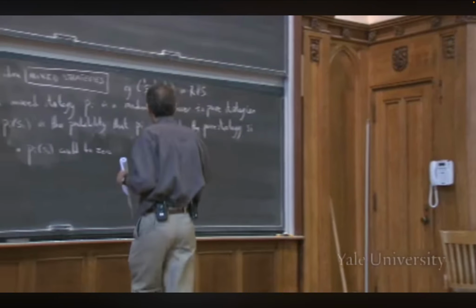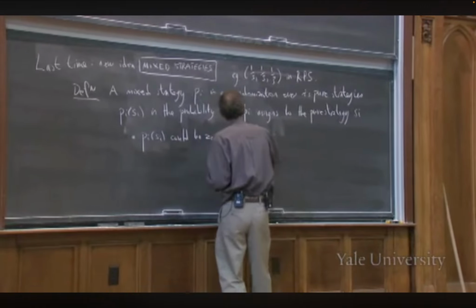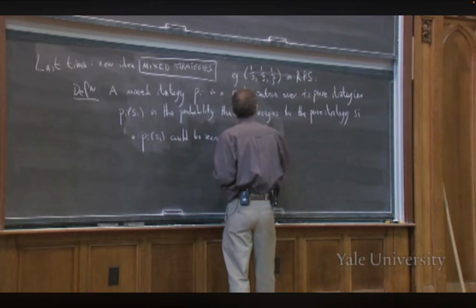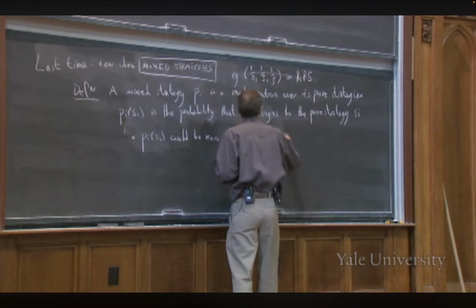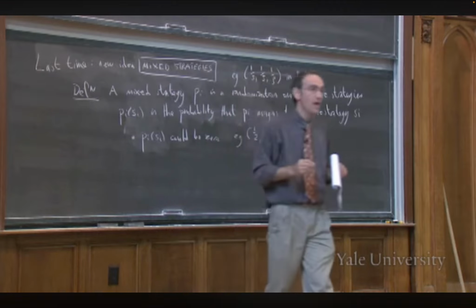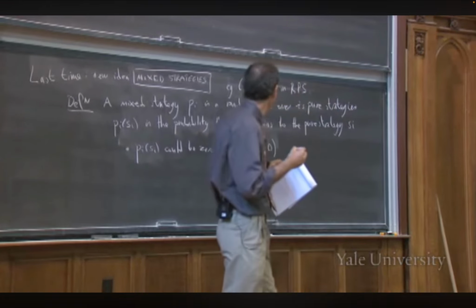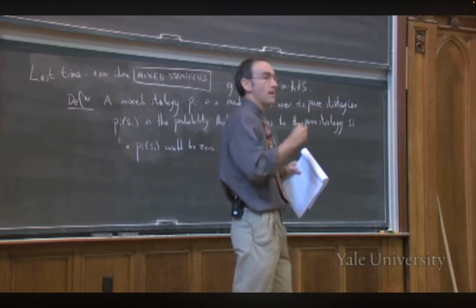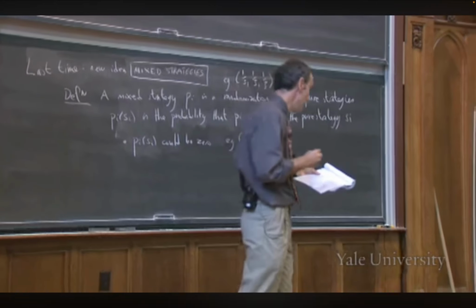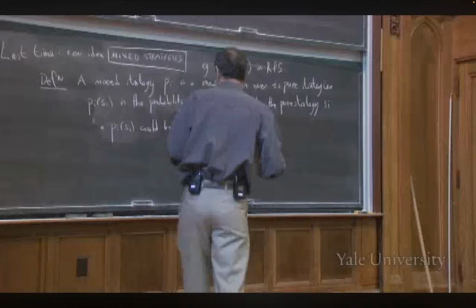So for example, again in rock, paper, scissors, we could think of the strategy a half, a half, 0. In this strategy, I play rock half the time, I play paper half the time, but I never play scissors. All right, so everyone understand that?